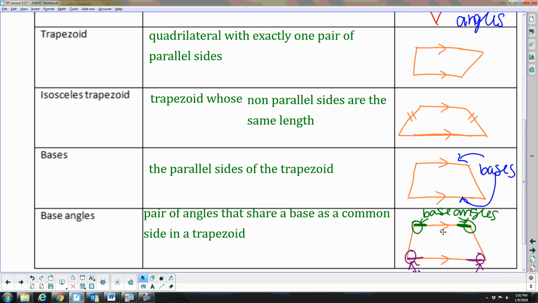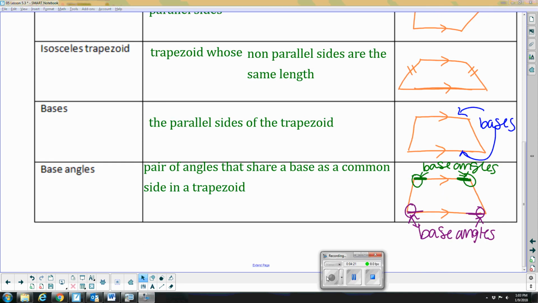So here you can see your picture. So the green angles, those two angles share that side. The top base is their shared side. And then the purple angles, those two angles share that base as a side. The bottom base is the side they share.